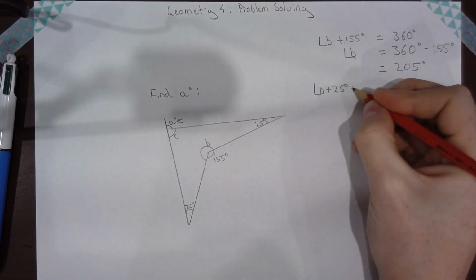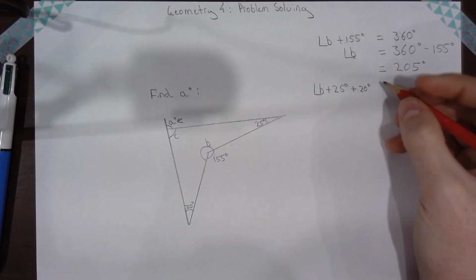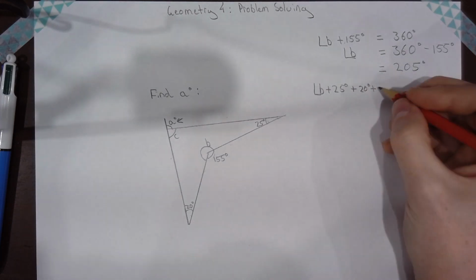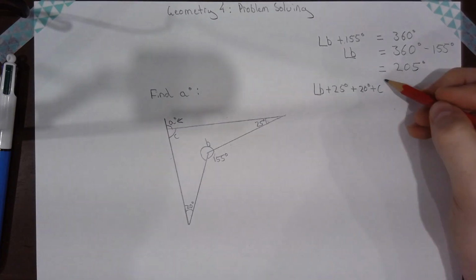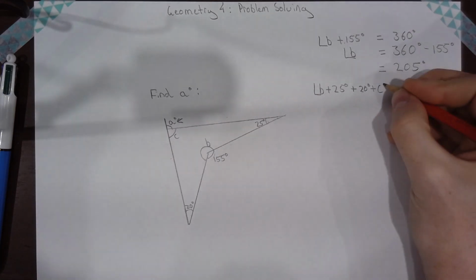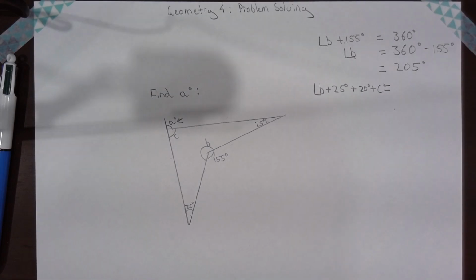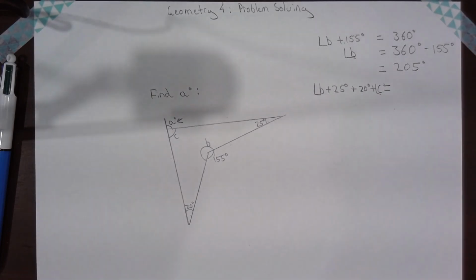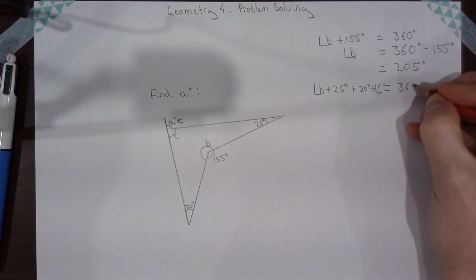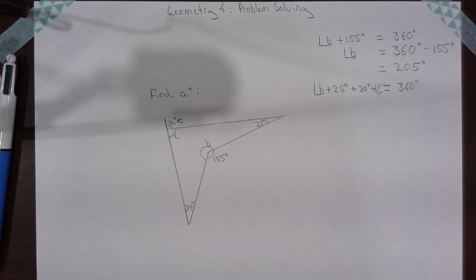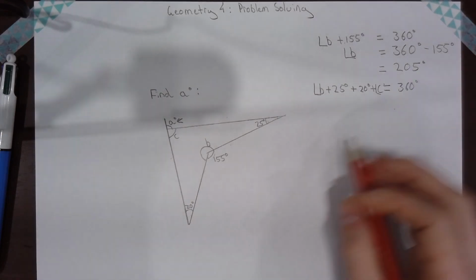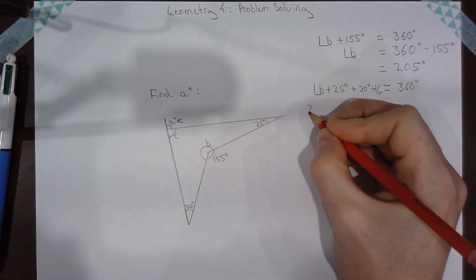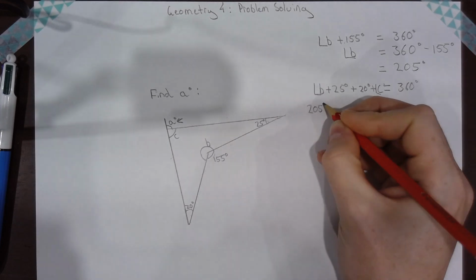I'm not going to quite manage to keep my equal signs straight, but I'll try my best. We also know that B equals 205, so we can substitute that in. We can get rid of that B and put in 205 plus 25 plus 20 plus angle C equals 360.